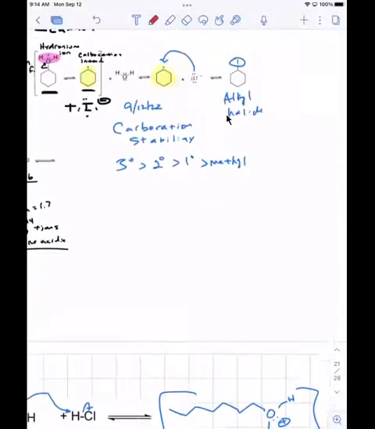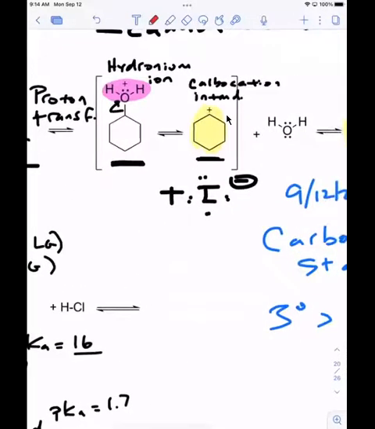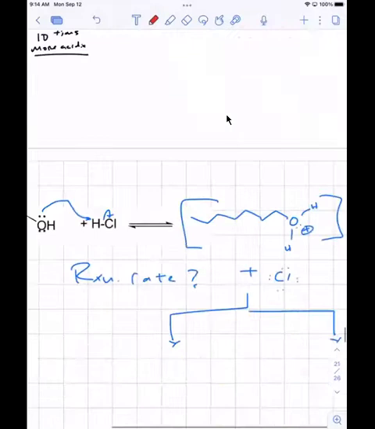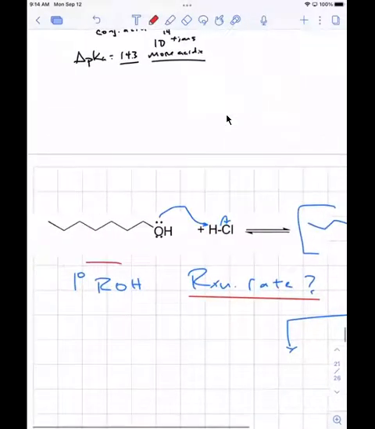What happened in this reaction up here? Once you made the hydronium ion, what was the next thing that happened? The leaving group left, right? Okay. So the reason I asked about the rate is because this is a primary alcohol.